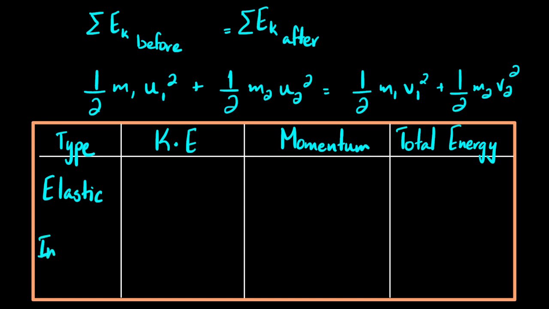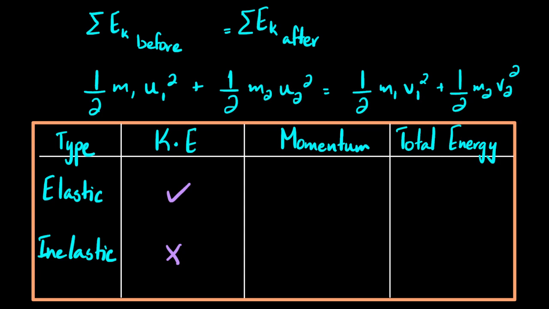So for elastic and inelastic collisions, the idea is that, and we just talked about this, for elastic collisions, kinetic energy is conserved, but for inelastic collisions, kinetic energy is not.